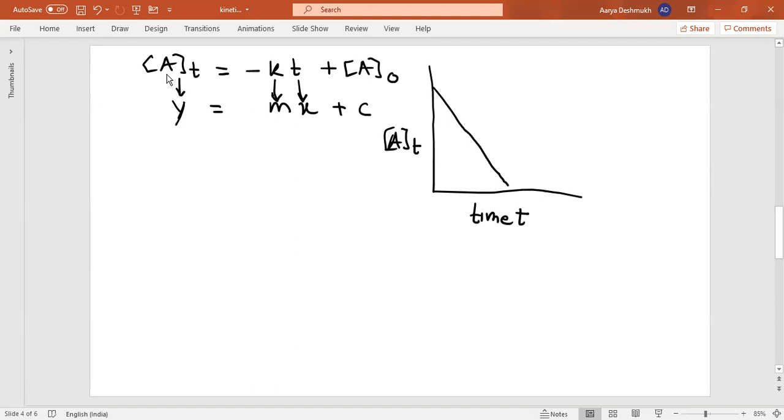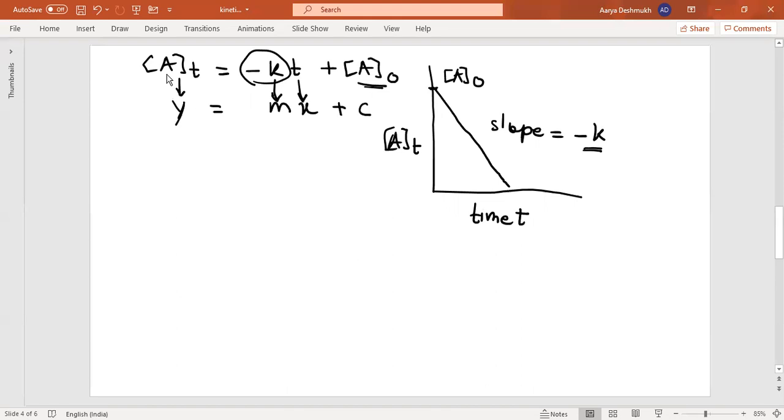For this particular graph, the slope m will be equal to minus k, and c is the intercept on the y-axis, which is the concentration of A at 0 time. The graph of [A]t versus t is a straight line and the slope is minus K for the zero order reaction, and the intercept on the [A]t axis is [A]0.